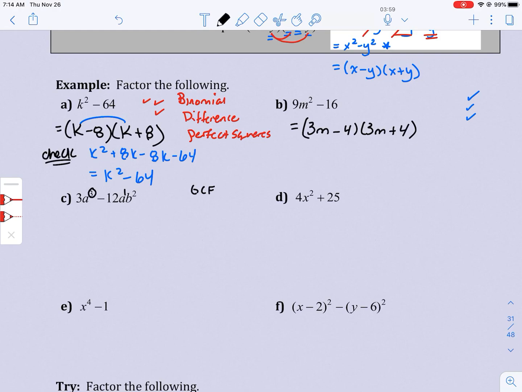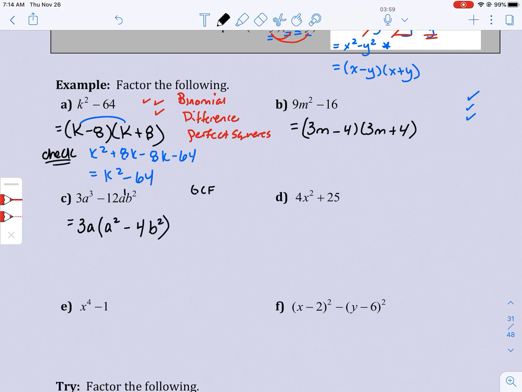So let's take out the greatest common factor. I know that 3 goes into both 3 and 12, and I've got an a in both of those terms. So if I take a 3a out of 3a cubed, I'm left with a squared, and 12 divided by 3 is 4. I've got a negative 4b squared.